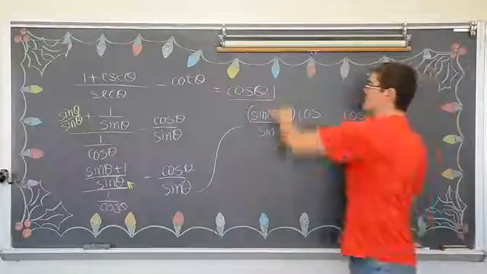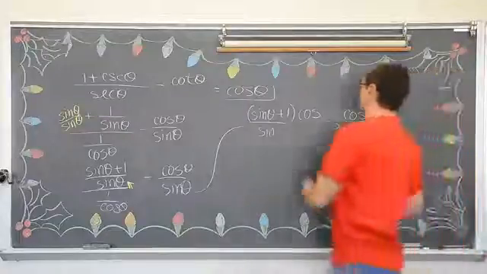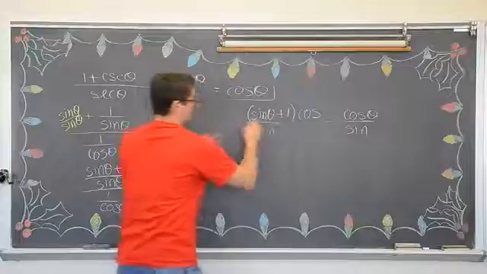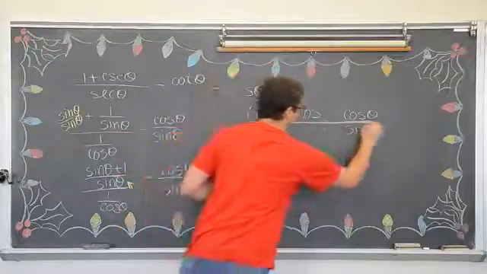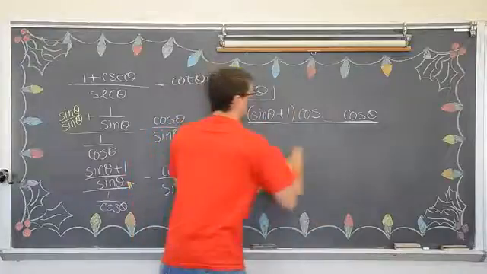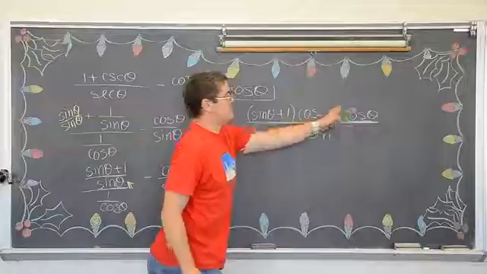And our final goal has nothing but cosine left. Well, if I take out the cosine from these 2 terms, because these are going to come together as one big fraction since we have a common denominator of sine, let me just write it like that. These 2 terms both have a cosine.